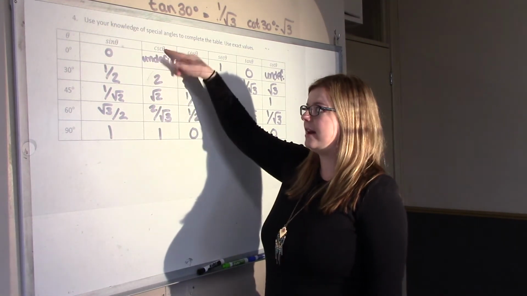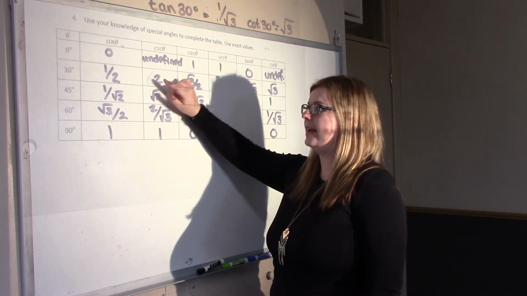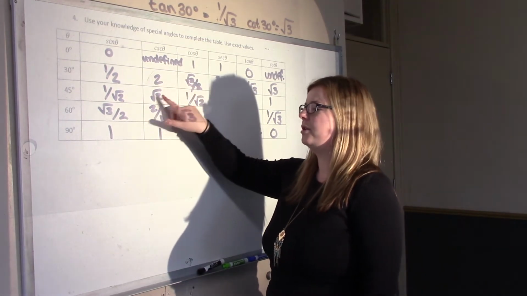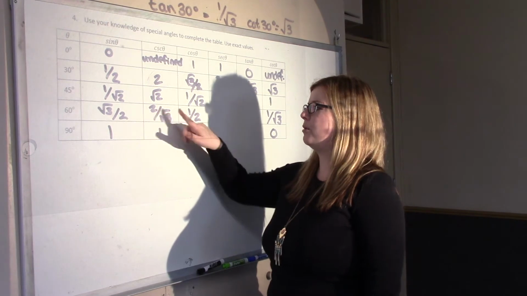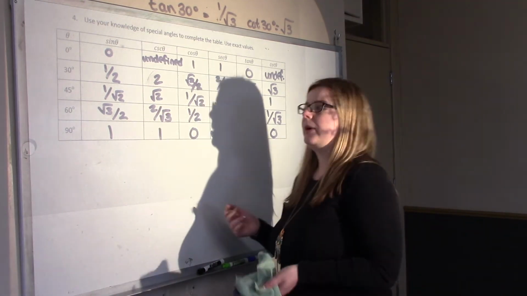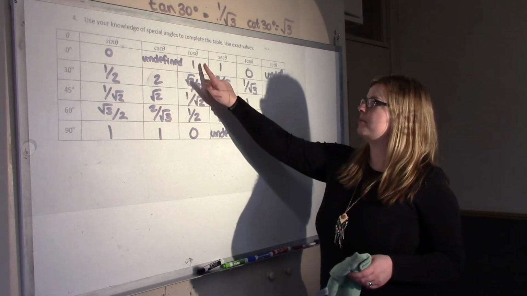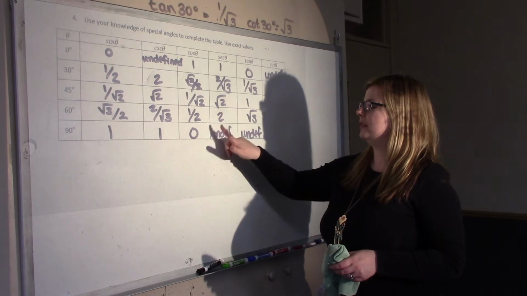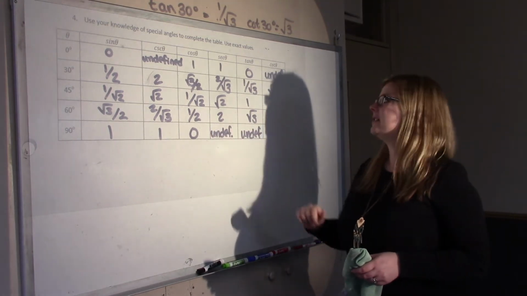If you do 1 divided by 0, you can't do that, okay? 1 over 2 switches to 2, 1 over root 2 to root 2, root 3 over 2 is now 2 over root 3, and 1 is still 1 because it's just 1 over 1. You could do the same thing with cos to secant. And again, 0 becomes undefined.